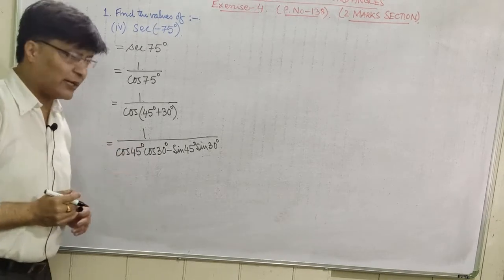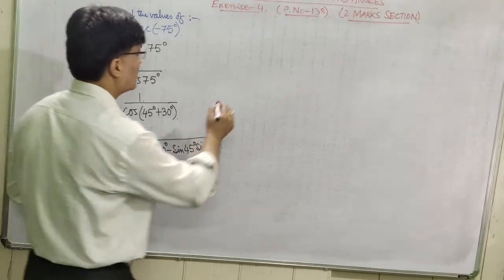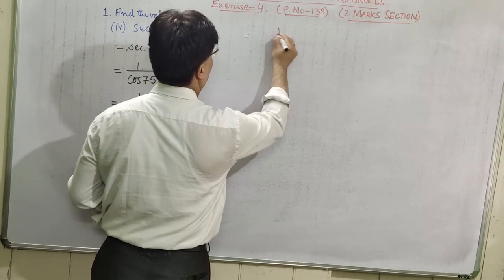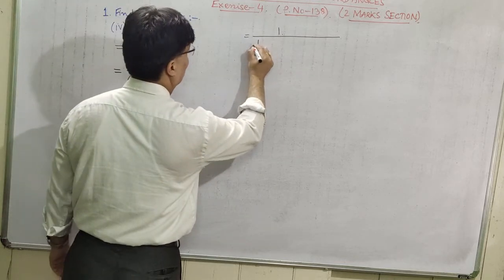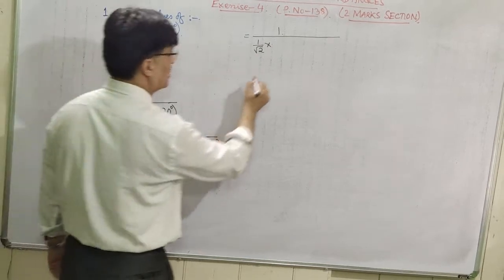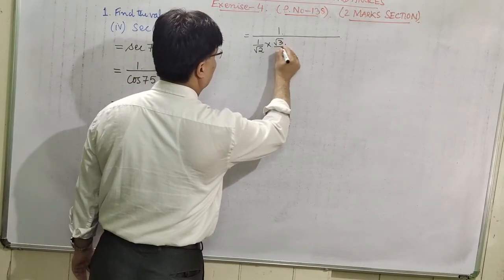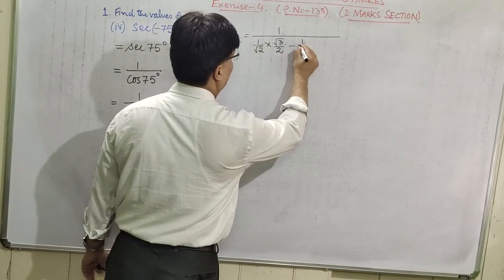So these are all standard angles, 45 degree and 30 degree. So let us put the values now. So which is equal to 1 upon, what is cos 45? 1 by root 2 into, what is cos 30 degree? It is root 3 by 2, right? Then minus, what is sin 45 degree?